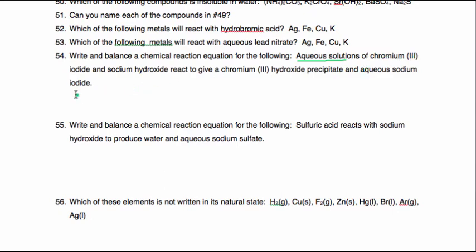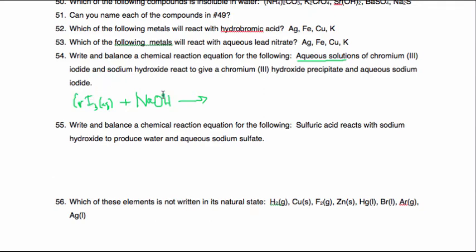So I know that chromium 3 iodide is this. Okay, it means it's chromium 3 plus with I minus, and so it would be this, and I would do an AQ afterwards to say that it's in solution. And sodium hydroxide is this, and it forms a precipitation. So this is one of these double displacement reaction equations where they're trading partners.